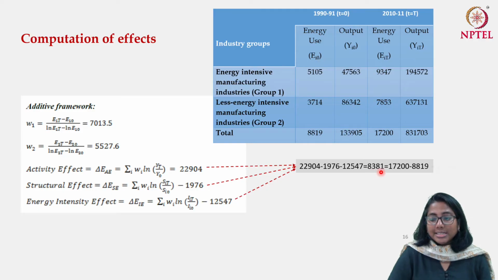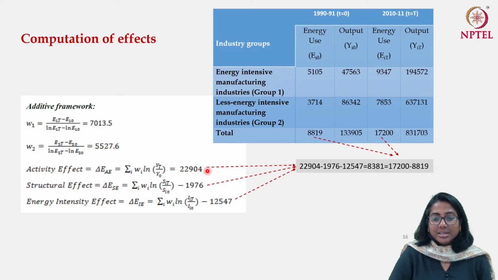Okay. Now what is this 8381? This is nothing but the difference between the energy consumption at these two different points of time. So what you have done is that you have decomposed the change in energy demand from 17200 to 8819, that is this 8381. So 8381 is the change in energy demand, and you have decomposed the change in energy demand into three parts.